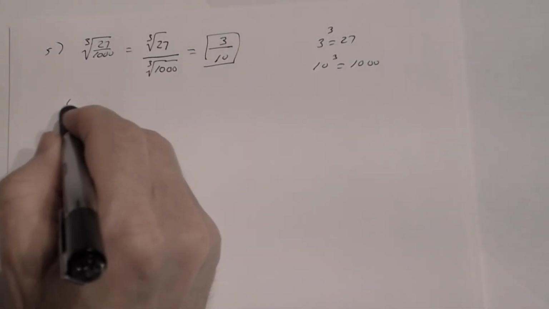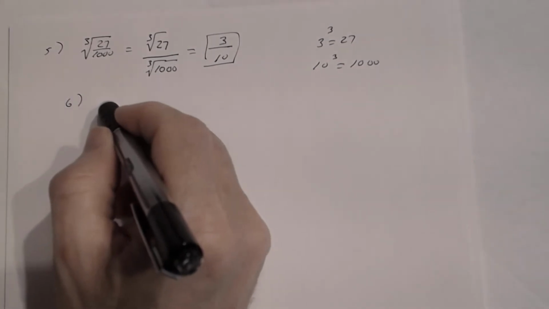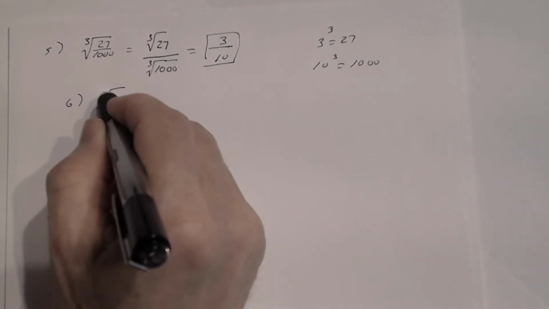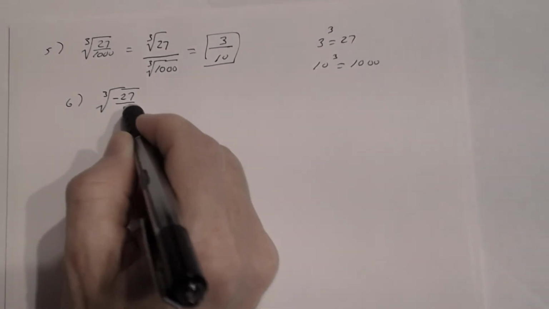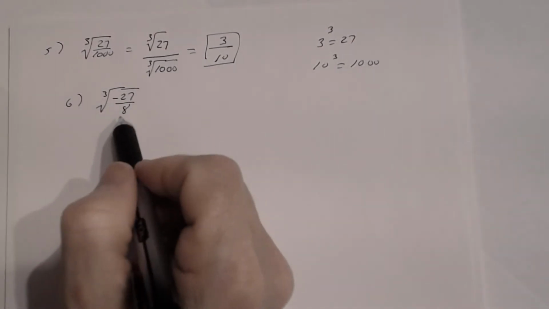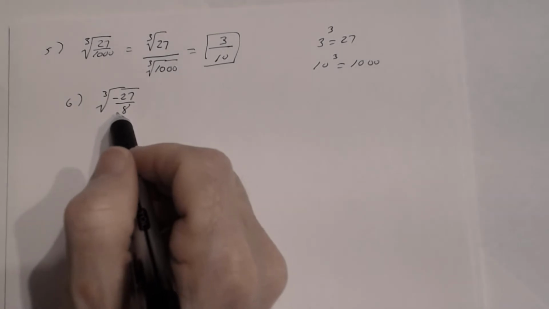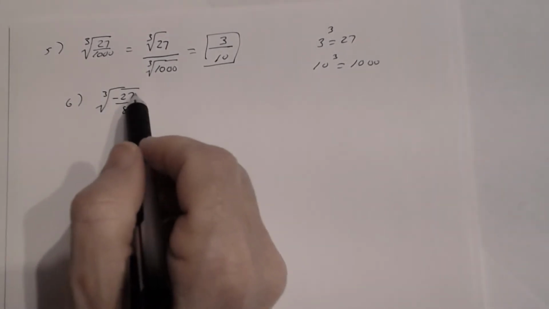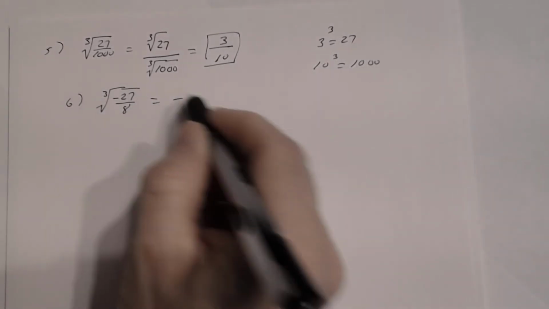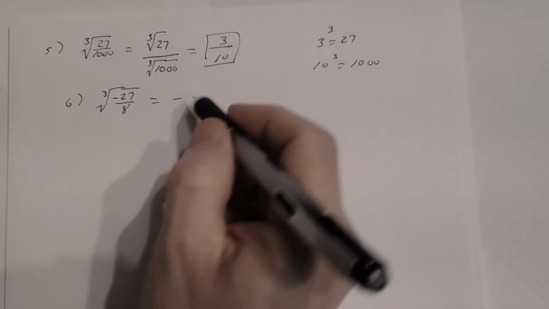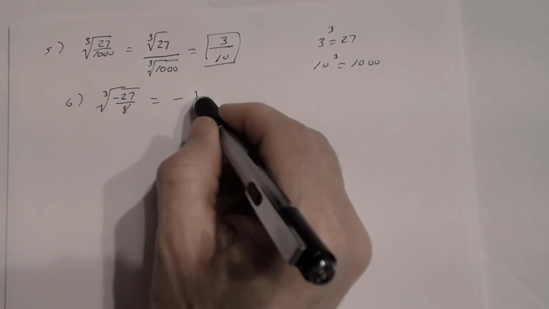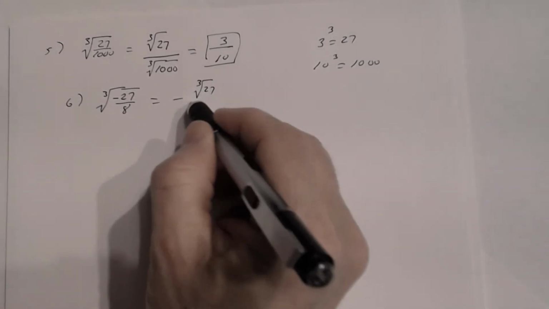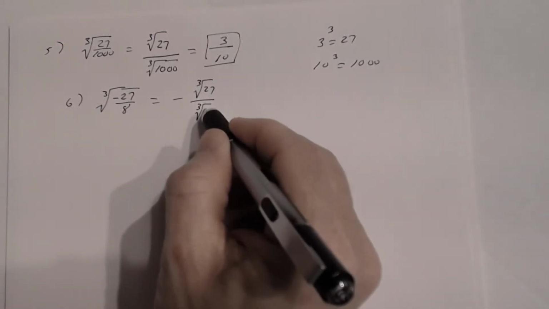All right, number 6. Let's suppose we had the cube root of negative 27 divided by 8. Now, is that a real number? Yes or no? Yeah, that's a real number. I can take the cube root of a negative number. It's going to be a negative number. Now I just have to figure out what the cube root of 27 is and the cube root of 8.